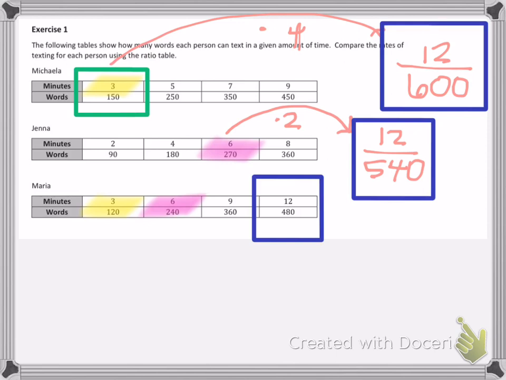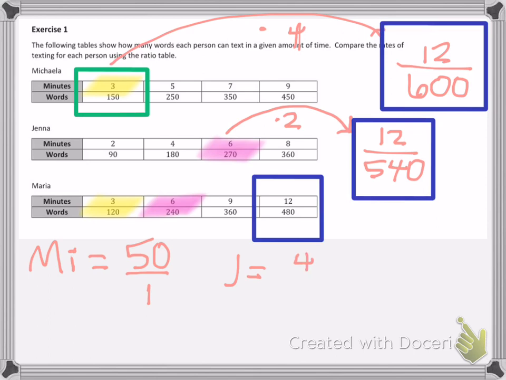So Michaela can do 50 words per minute, 50 per 1 minute. If I look at Jenna, 90 divided by 2, that's 45. So Jenna can do 45 words.